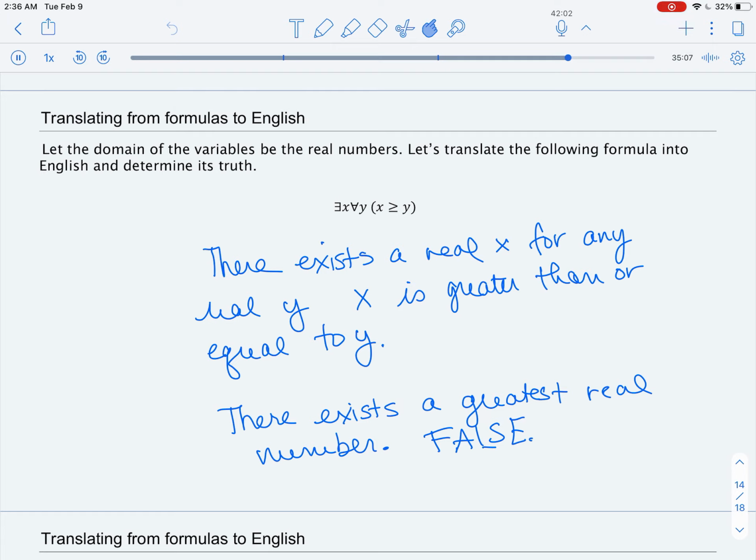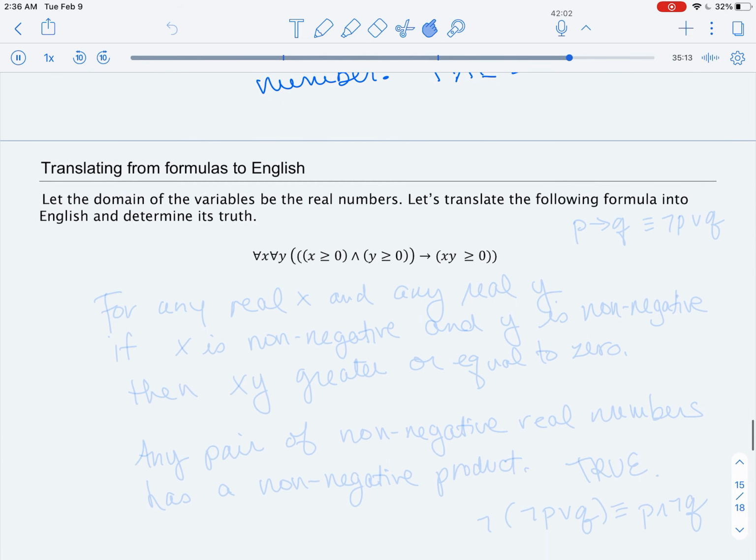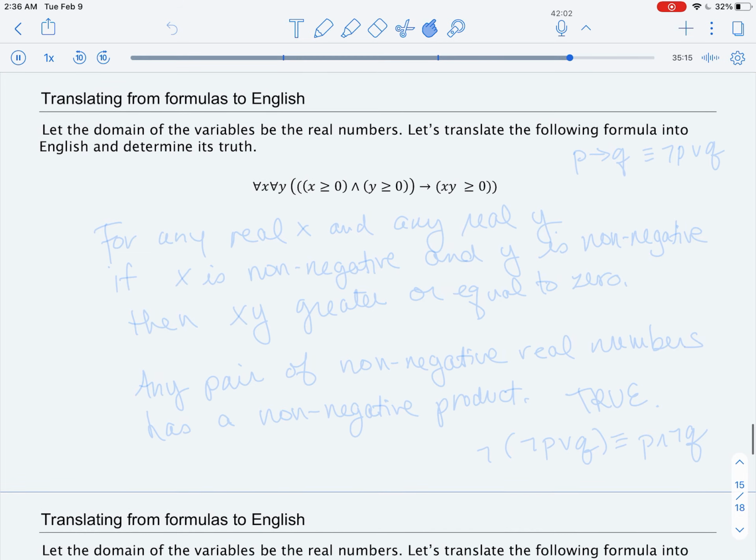Okay, now let's look at another example. And here, once again, the domain of the variables are the real numbers, and we'll translate the formula into English and determine its truth. And I will once again do the awkward English translation and then a more natural English translation, just so we can get practice.